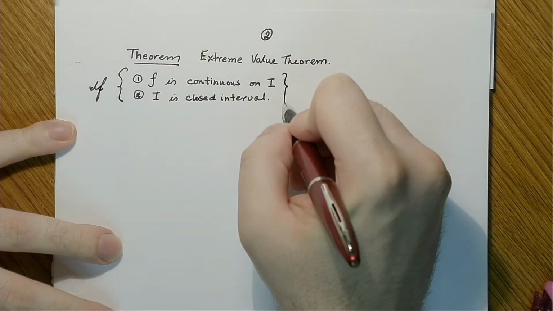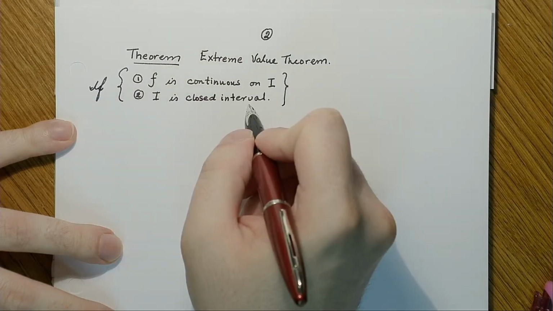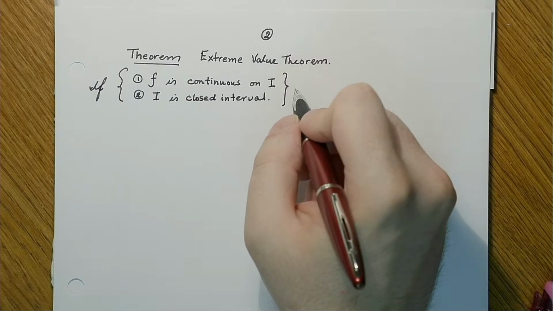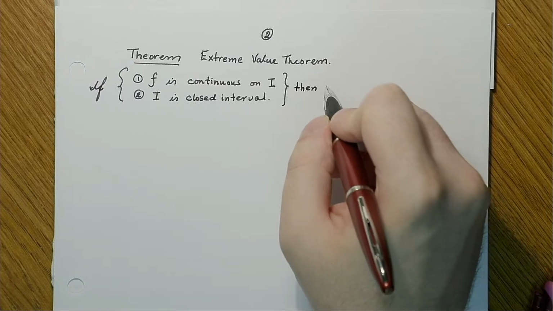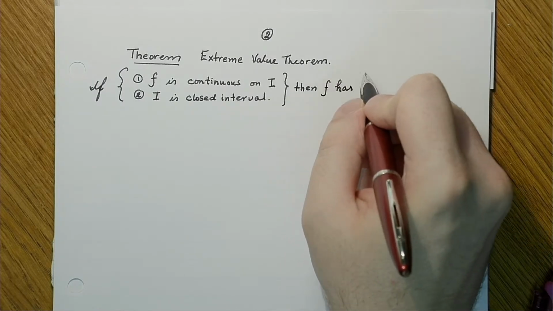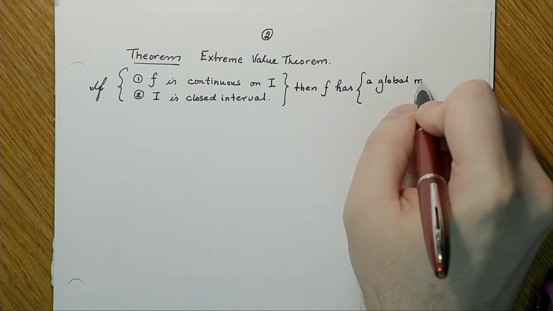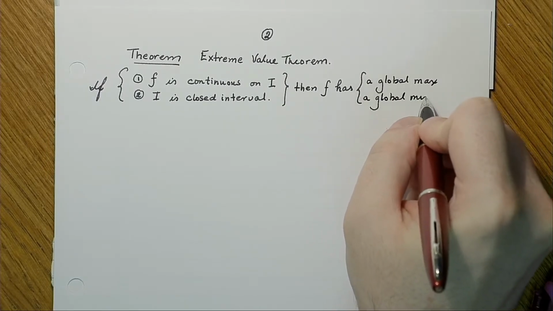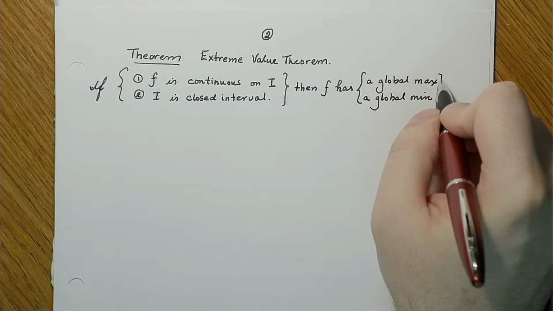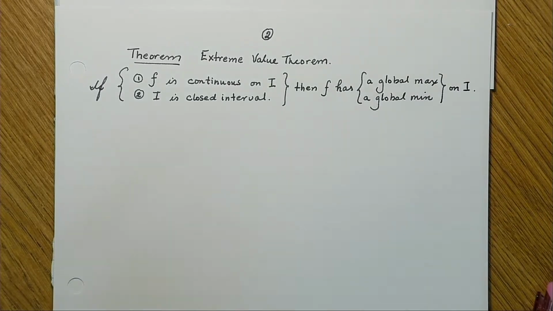So if f is continuous on an interval, and the second condition is that I is closed, then f has a global max and a global min on I. Okay.